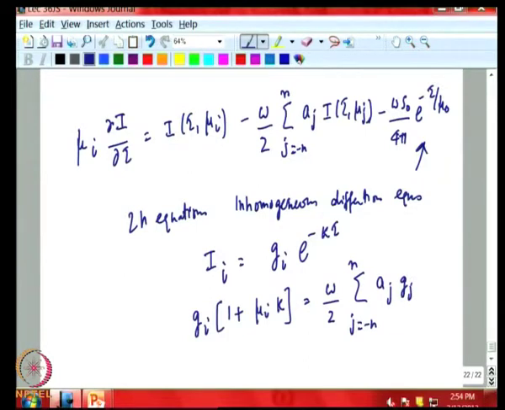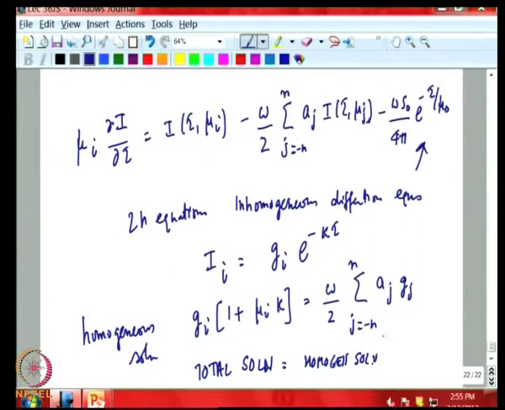This is the homogeneous solution, because we are going to include the second part. We are going to take care of the non-homogeneous part, because the total solution we will say is equal to homogeneous solution plus particular integral.